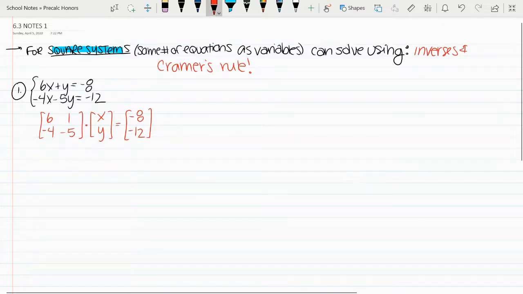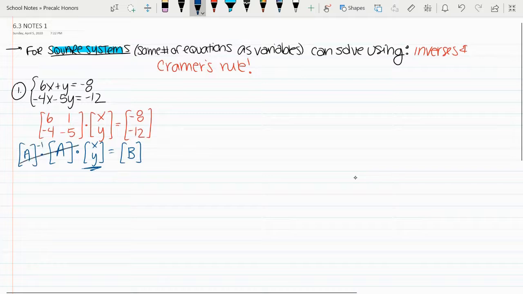But we can multiply by any matrix. So if I call this matrix A, and I'll leave it xy, equals matrix B over here, in order to isolate the variables, if I multiply by the inverse of A, then these guys will cancel.